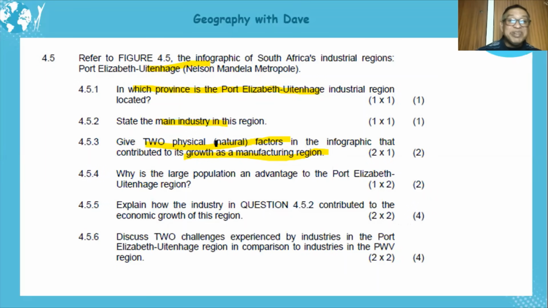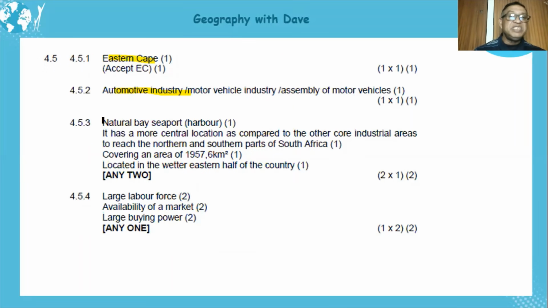Can you see the important things? These questions are not difficult. We need to look at the important words, I call them the action words. And of course, two. So let's go there. There you see it: natural seaport, harbour, 1 mark. It has a more central location. See, the examiner has given the location also as a natural factor. It covers quite a big area, so land is available.